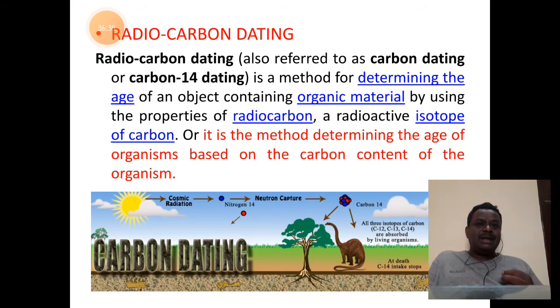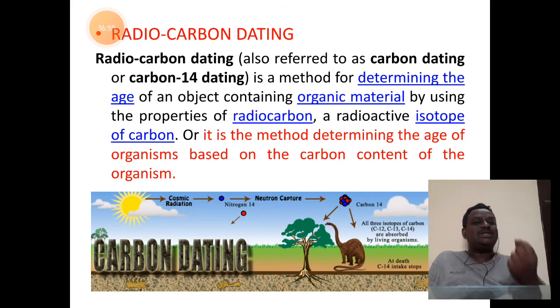The second dating method is radiocarbon dating. It is also referred to as carbon dating or carbon-14 dating, a common method used for the most young fossils to determine their ages.